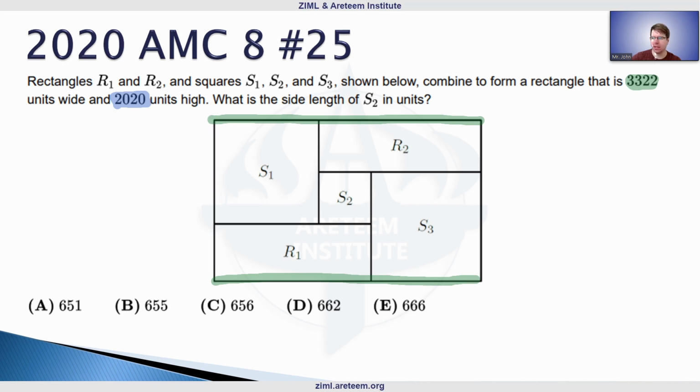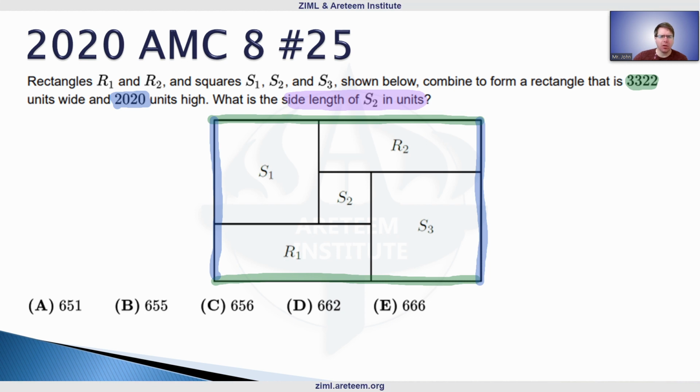So our width is 3,322 and our height is 2020 in this case. And our final question here is talking about the side length of S2 in whatever units we're using here. It is, of course, generic units. We don't need to worry about any unit conversions or anything.